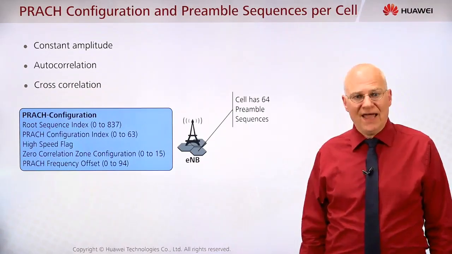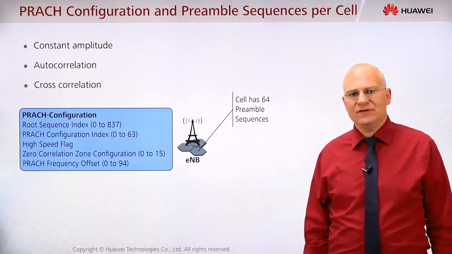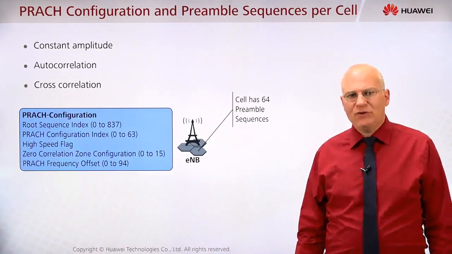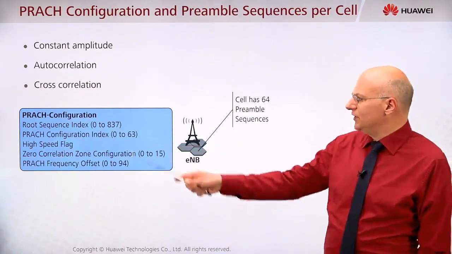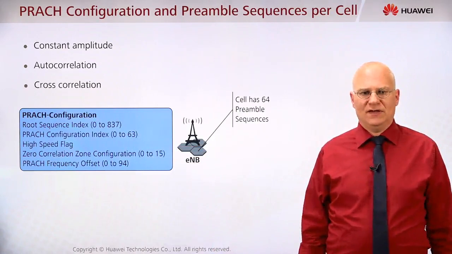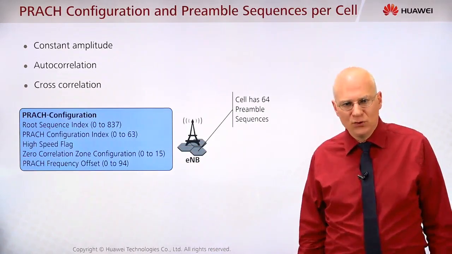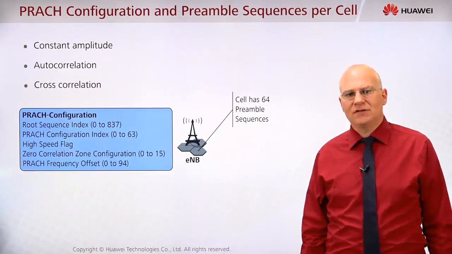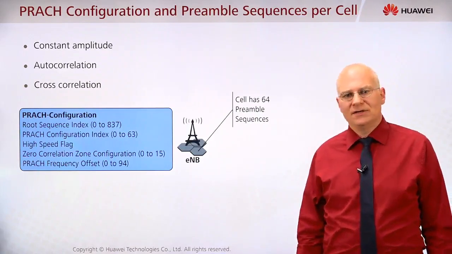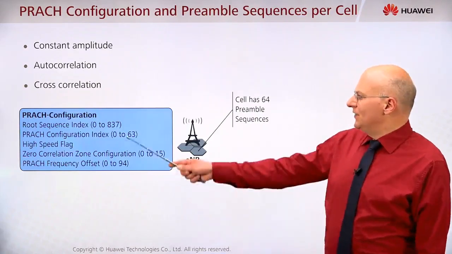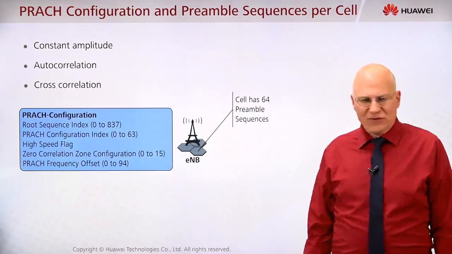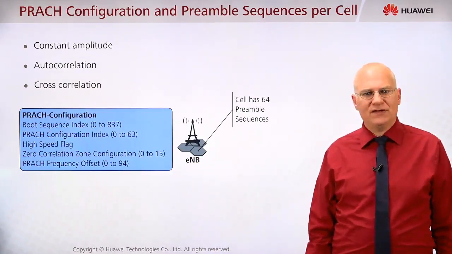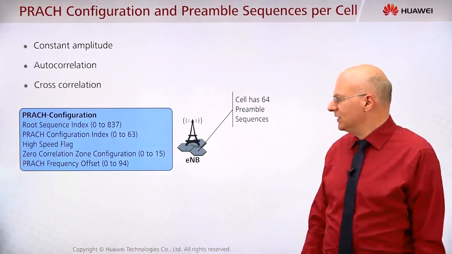So we need to plan the root sequence index. Neighboring cells should use different root sequence indices so that there can be no confusion of the random access channel between neighboring cells. Then we have the configuration index, which we have discussed in the last slide.